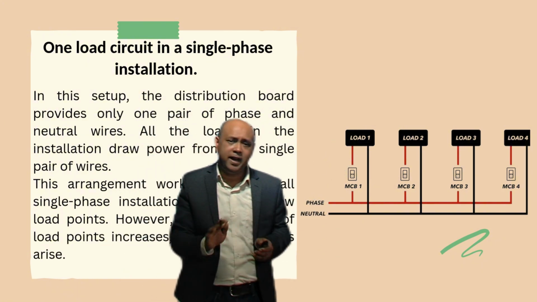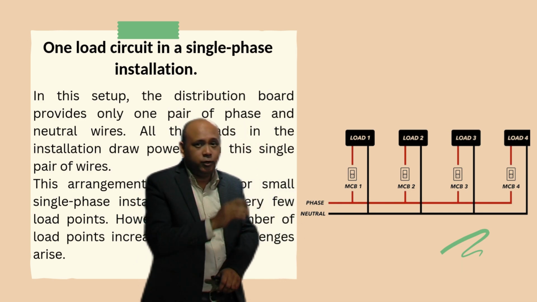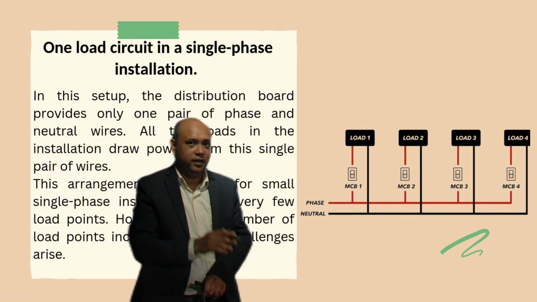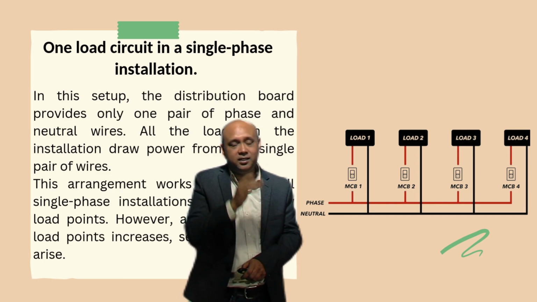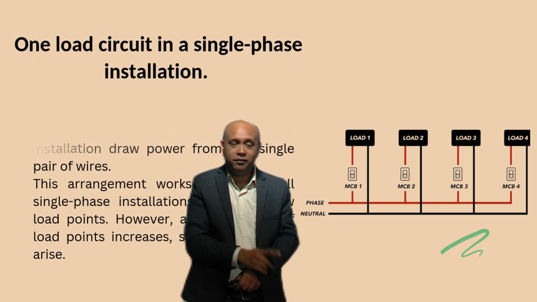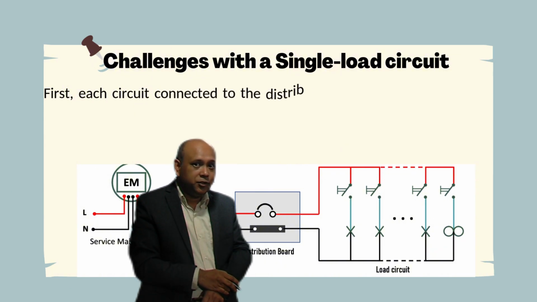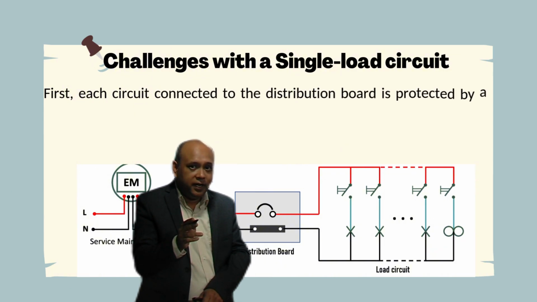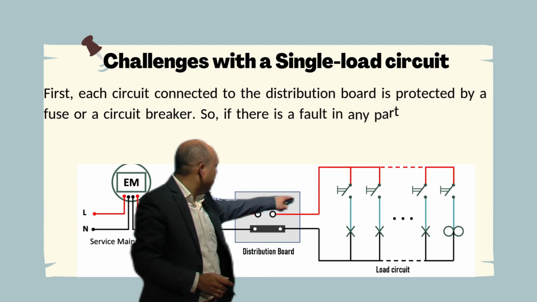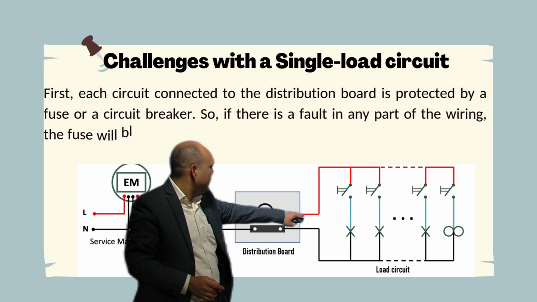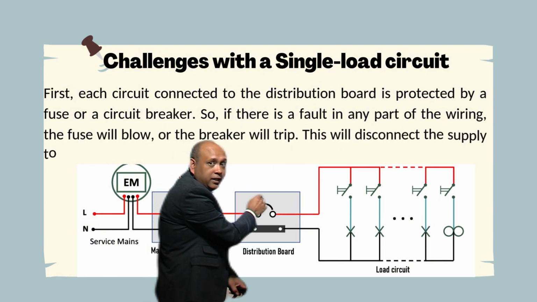This arrangement works fine for small single phase installations with very few load points. However, as the number of load points increases, several challenges arise. First, each circuit connected to the distribution board is protected by a fuse or a circuit breaker. So here you can see that this particular phase and neutral circuit is protected by a circuit breaker.